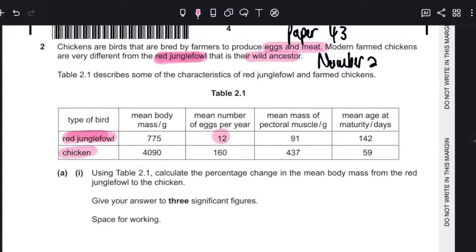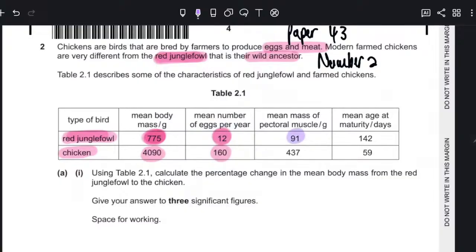Look at the eggs per year. These only produce 12. The modern chickens produce 160 eggs per year. Look at the amount of meat, the body mass. This is only 775. This is 4,000. That's 4 kgs. Mean mass of pectoral muscle.